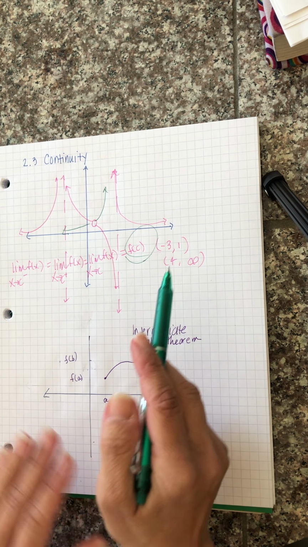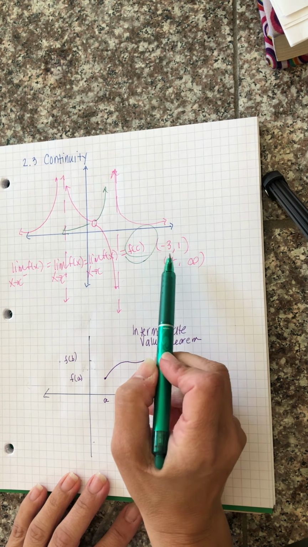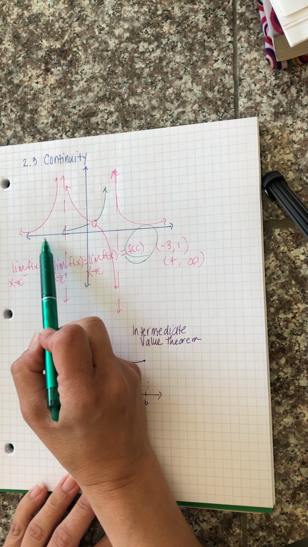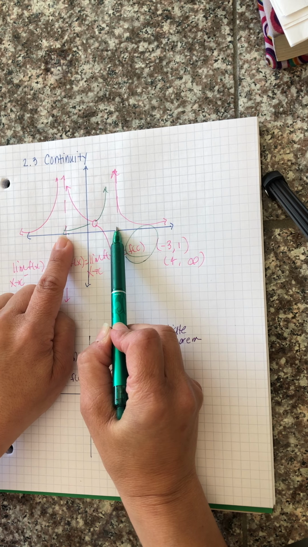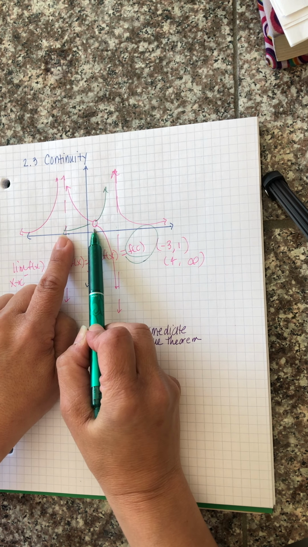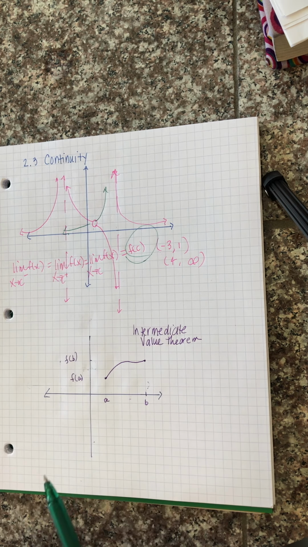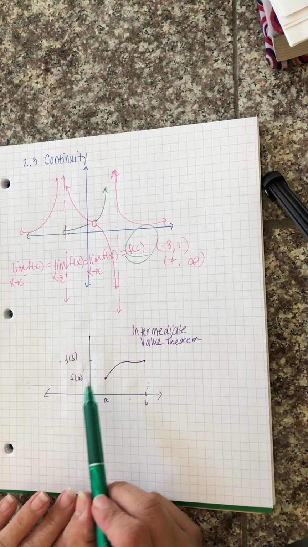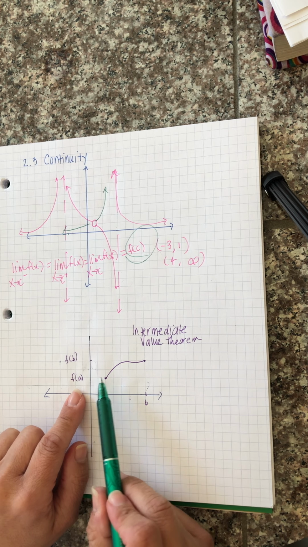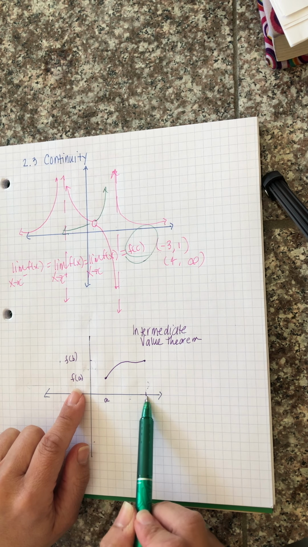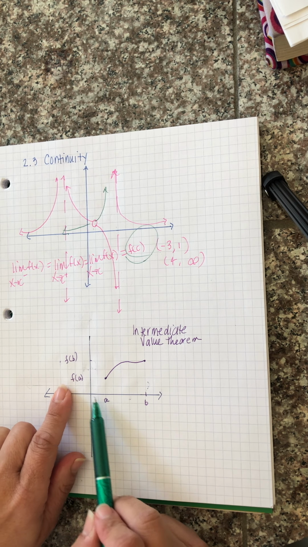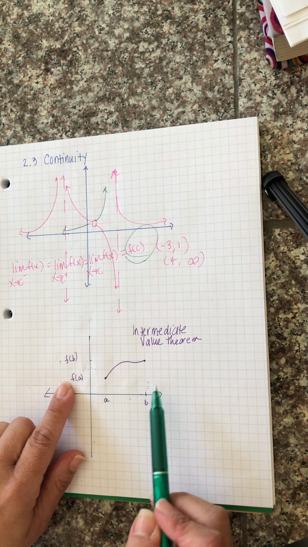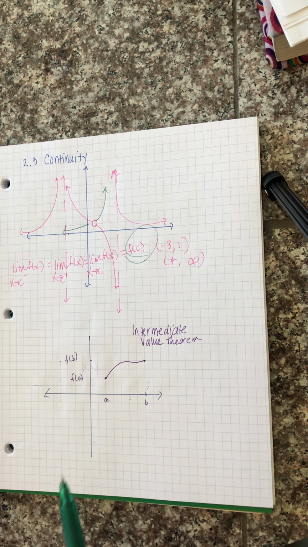Okay, so your book has this wonderful thing called the intermediate value theorem. So if you remember, from -3 to 1, we said that the function was continuous. Well, that's what the intermediate value theorem says. The intermediate value theorem says you have some points A and B, and they have exact values, so f of A exists and f of B exists.